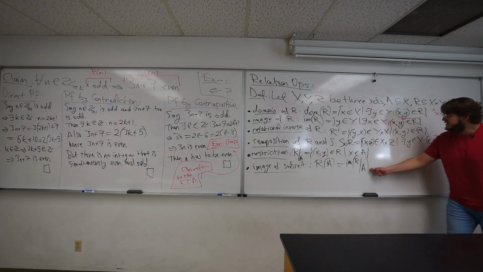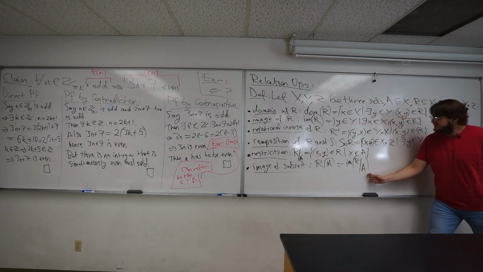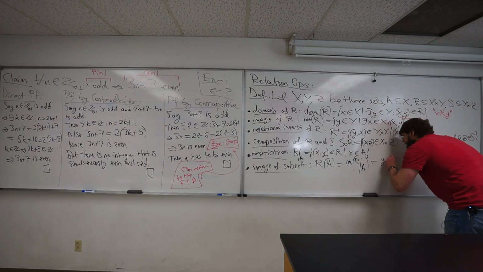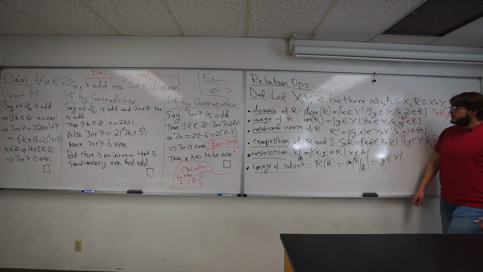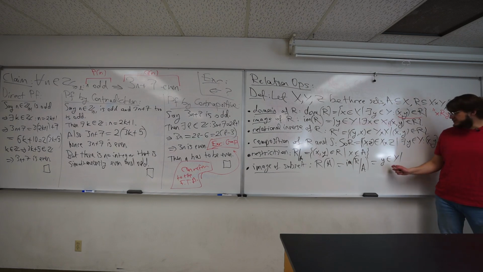Combining this with this, what is this then? It's a certain subset of Y consisting of all y satisfying this property.